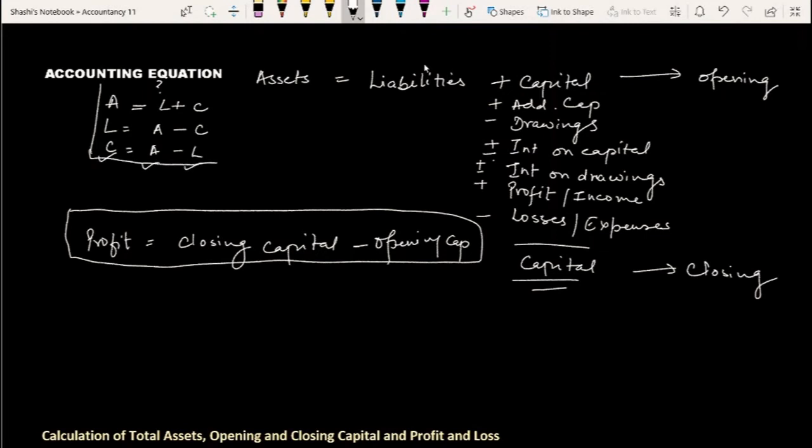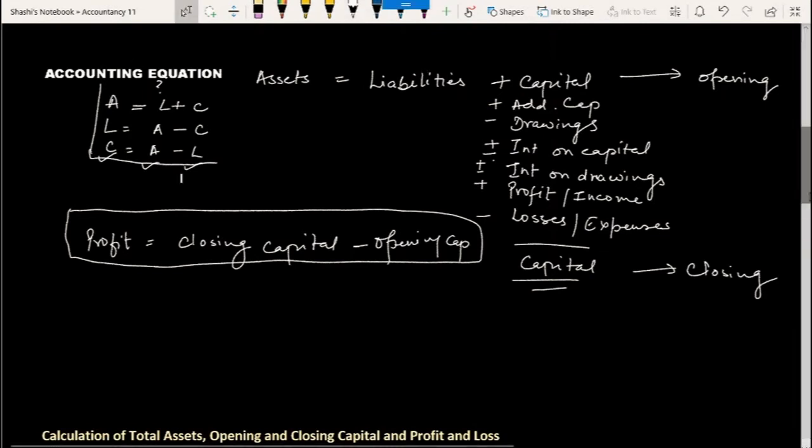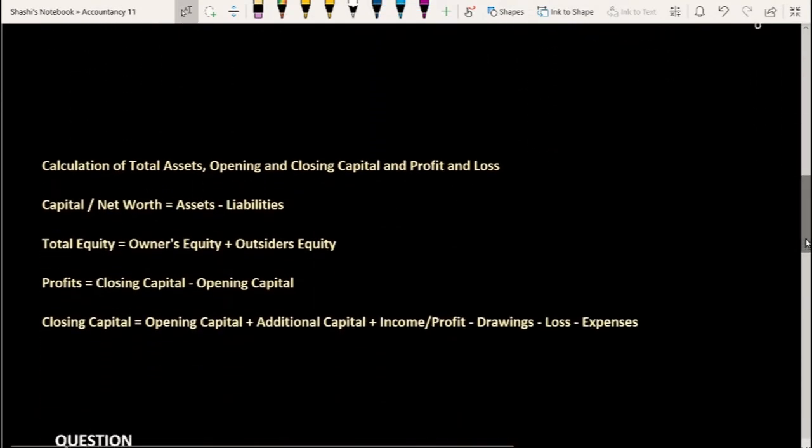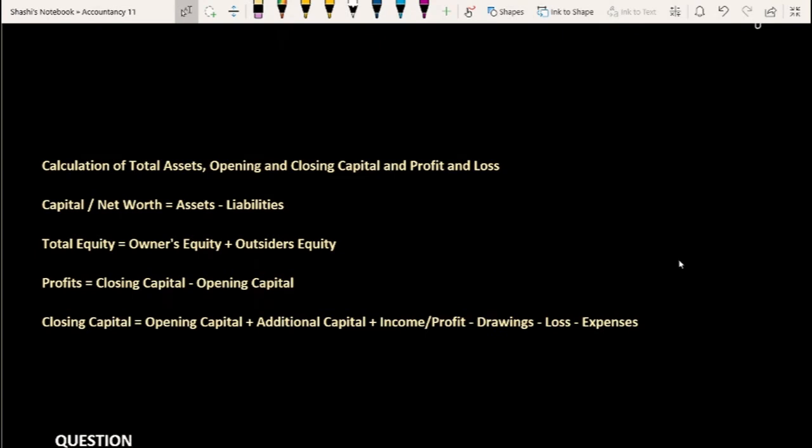If it's not mentioned, you can take it directly as that. Otherwise you need to take the closing assets and the closing liabilities. So we have these formulas again, but there's nothing to mug up, because you are going to solve it and do this accordingly.